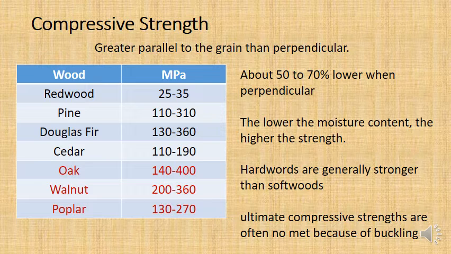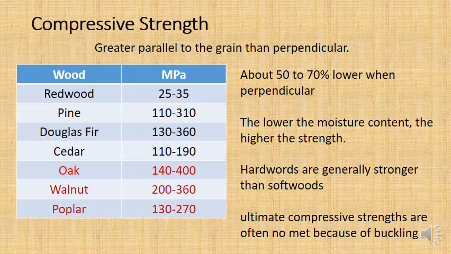the whiteboard. Now let's look at compressive strength. Now we've looked at tensile strength, but compressive strength is often a little bit lower than tensile strength. It's considerably lower for something like bamboo.